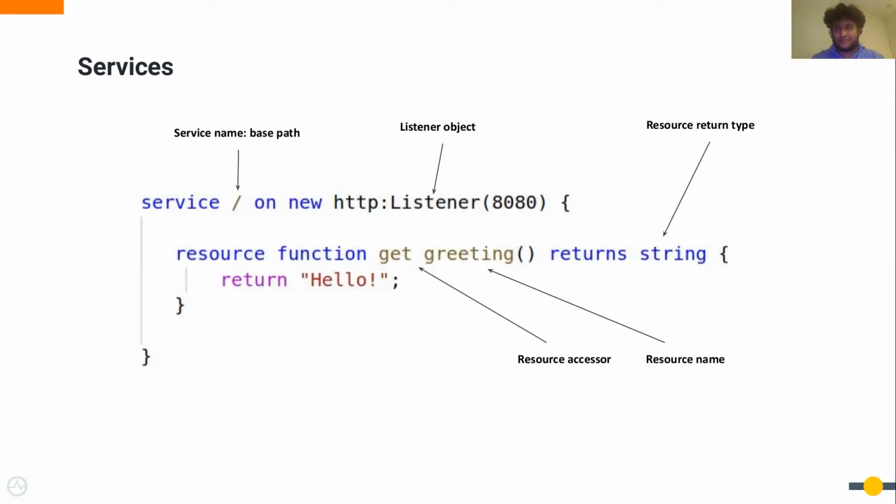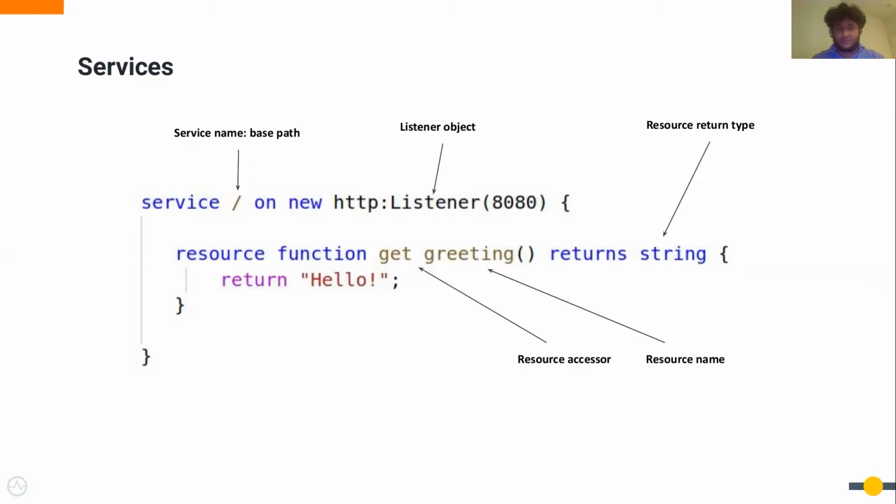Here it's a resource, which basically maps to HTTP resources. The difference between remote and resource functions is like a noun and verb relationship. In a resource, you give a noun, saying I'm going to access this. In a remote function, you are doing something, a verb, like in gRPC, let's say add numbers or something like that.